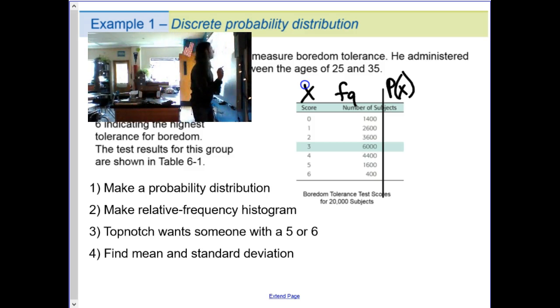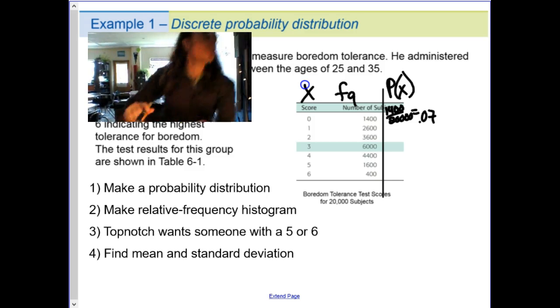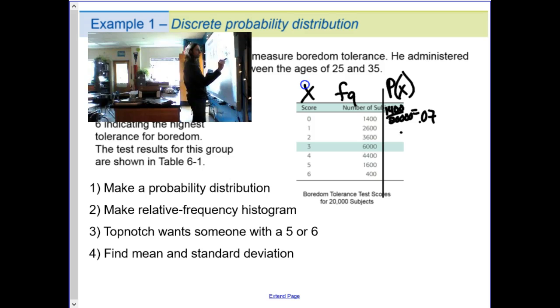So this is 1,400 divided by 20,000, and we're going to do the same thing for each one, right? And that's 0.07. And we're going to do that all the way down. So next I'm going to do 2,600 divided by 20,000. Right, so we get 0.13. Next one, 36.